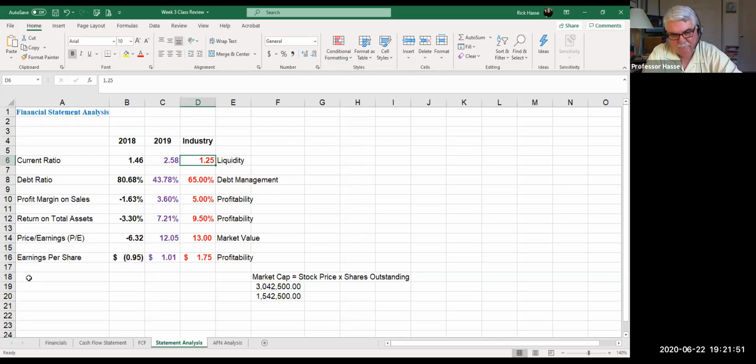Let me give you an example. When I ran my company, my fiscal year was January to December 31st. Beginning in July, I started putting together a budget for the next year.